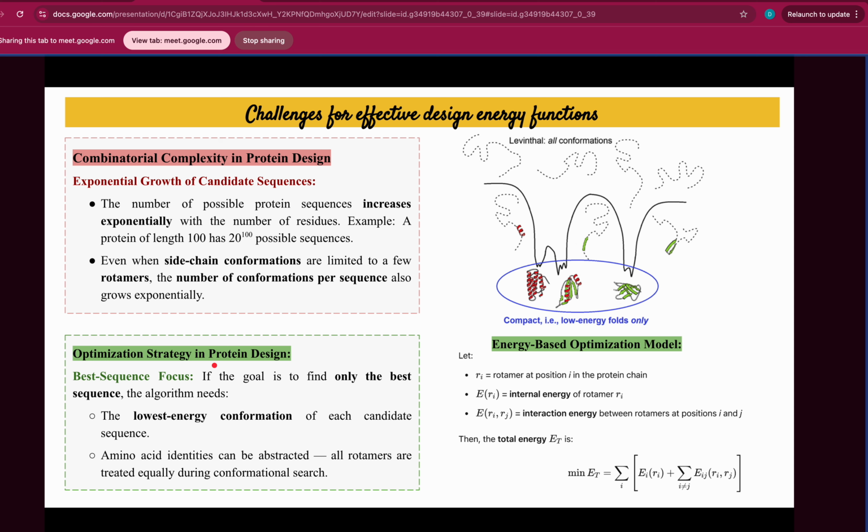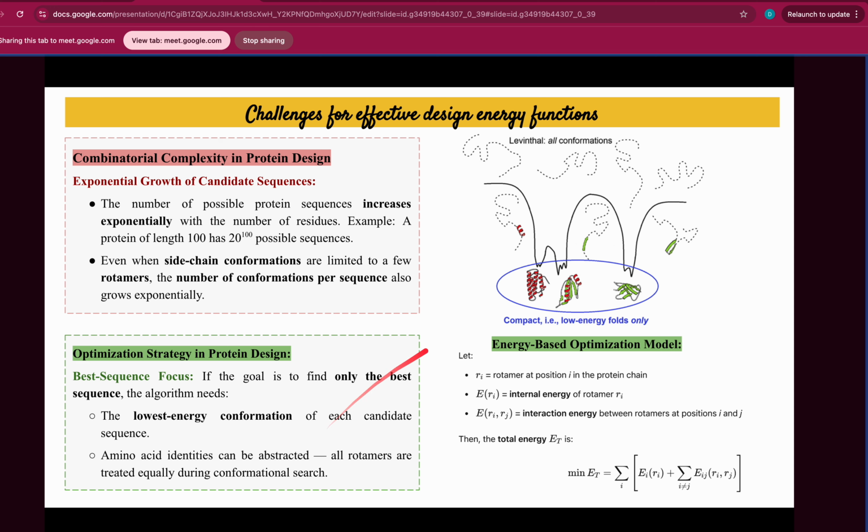There are different optimization strategies in protein design, in which one focuses on the best sequence. If your goal is to find only the best sequence, then the algorithm needs the lowest energy conformation of each candidate sequence. Amino acid identities can be abstracted and all rotamers are treated equally during the conformational search.